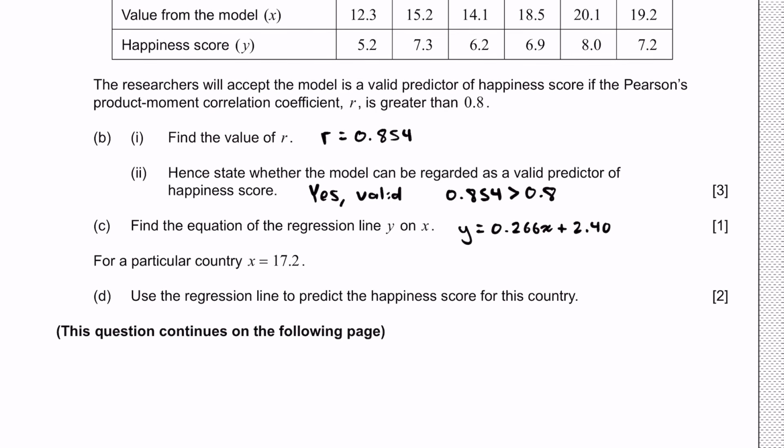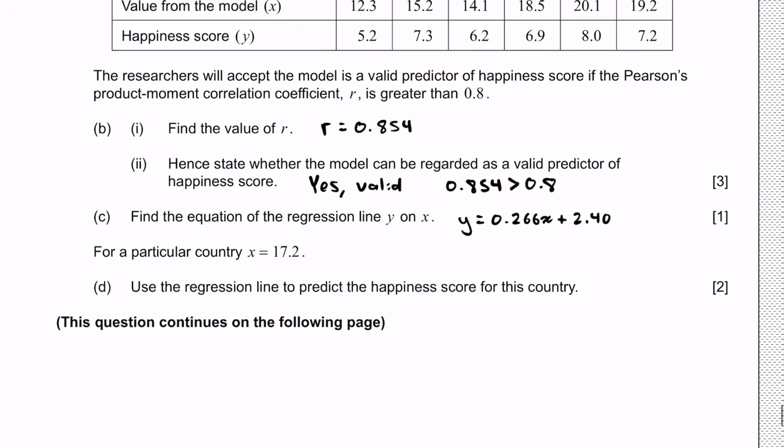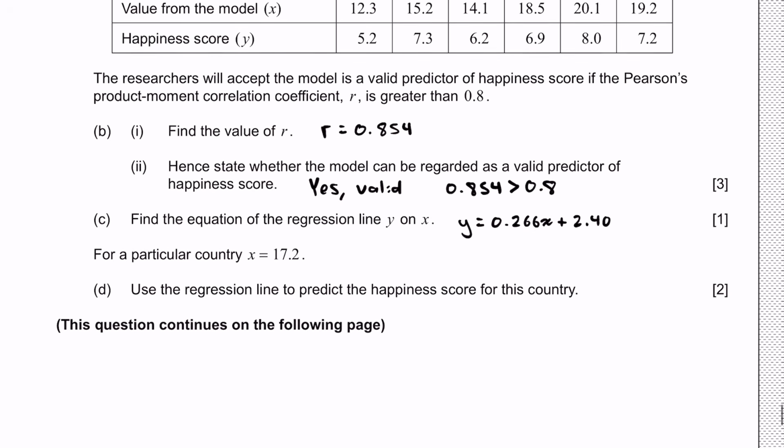And again, a kind of strange final question. Part D, for a particular country, x equals 17.2. Use the regression line to predict the happiness score of this country. To be honest, it's probably the strangest final question that I've ever seen on a paper 1, just because this is a rather straightforward question.